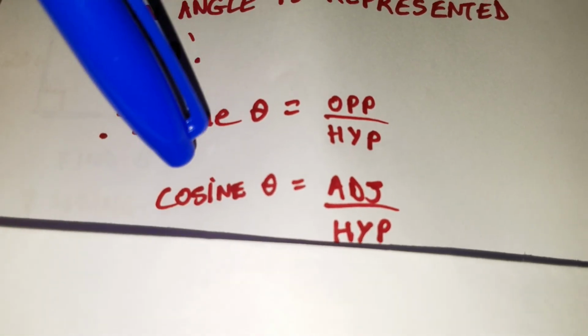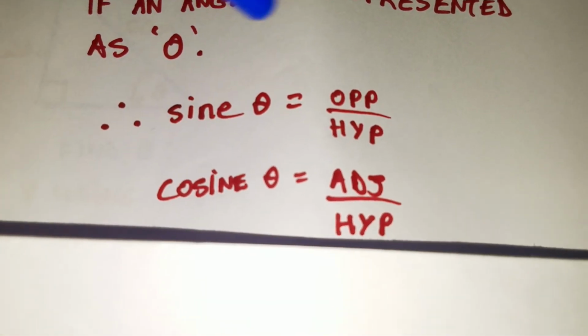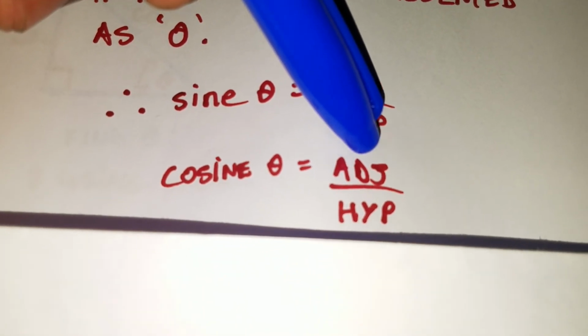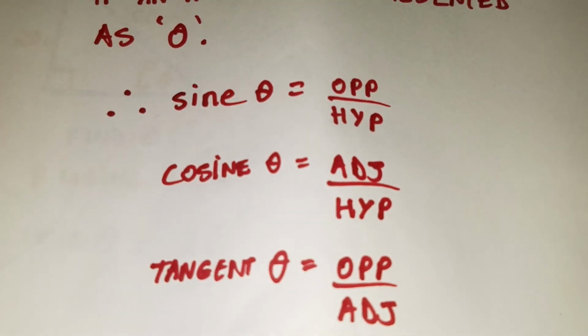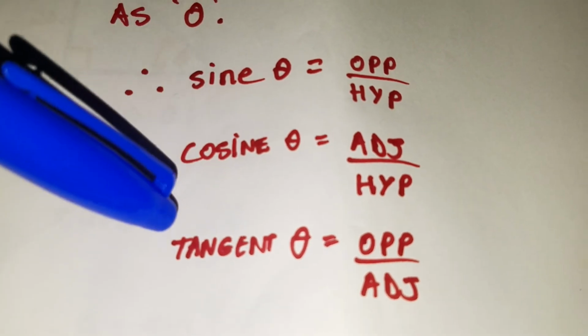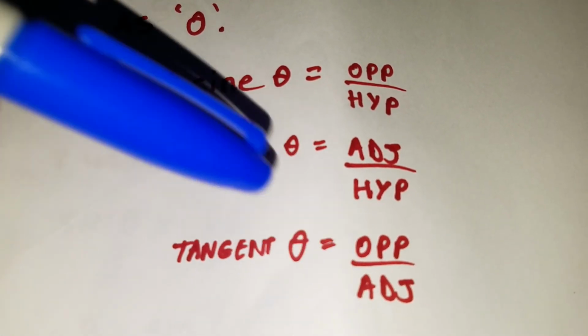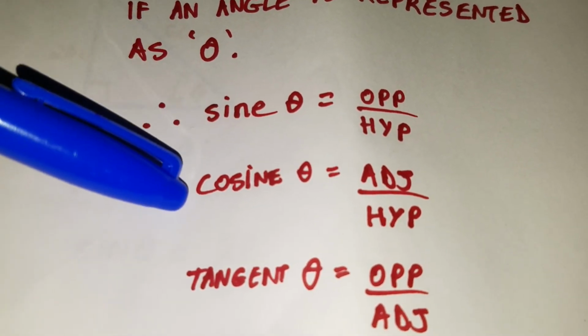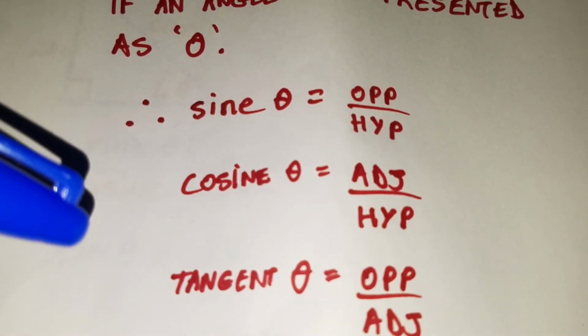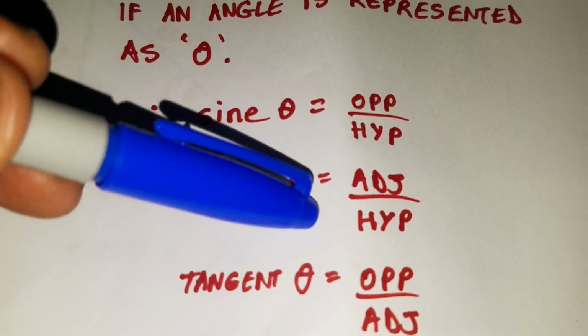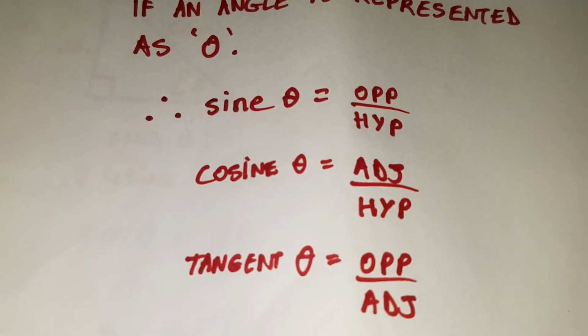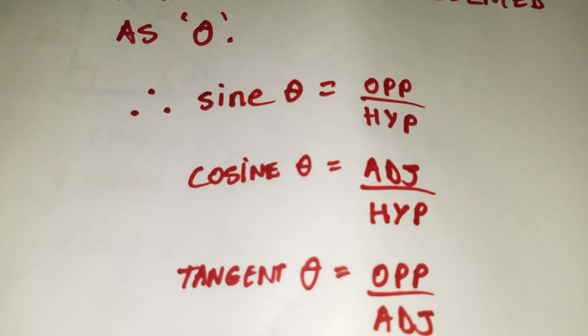The cosine of that angle will be the adjacent side over the hypotenuse. And the tangent of that angle will be the opposite side over the adjacent side. These are the three main trig ratios. These are what we will use to apply to different trig questions and solve them.